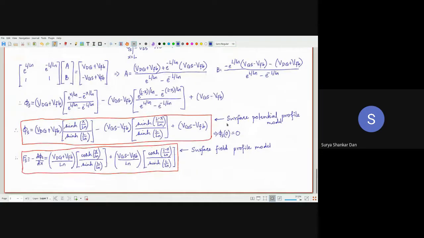Then what is the other one? Phi s at channel length capital L: when you put L by ln here, L minus L is 0, so this whole term is gone. This is also sine hyperbolic L by ln over sine hyperbolic L by ln, so that term goes. So it is VDG plus VFB, and here plus VGS.